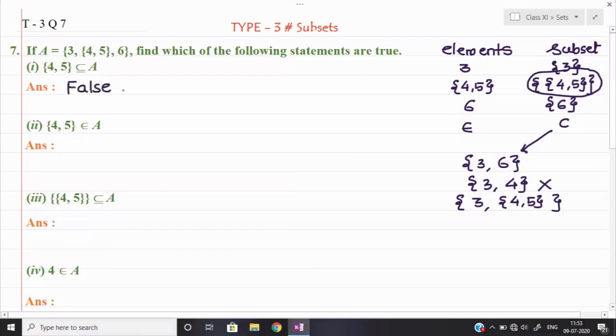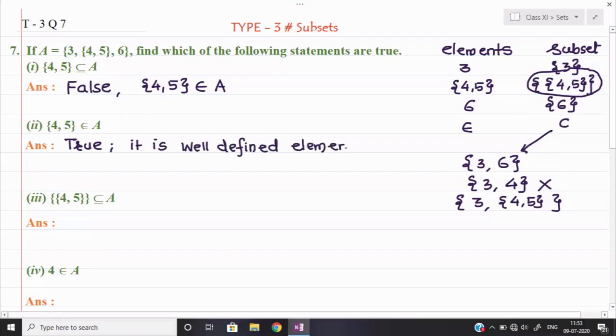You can say that since {4, 5} along with the curly bracket is an element of set A. Similarly, 4, 5 belongs to A is true. The reason, if required, we can give: it is a well defined element of set A. So reasons can be given by your own also.